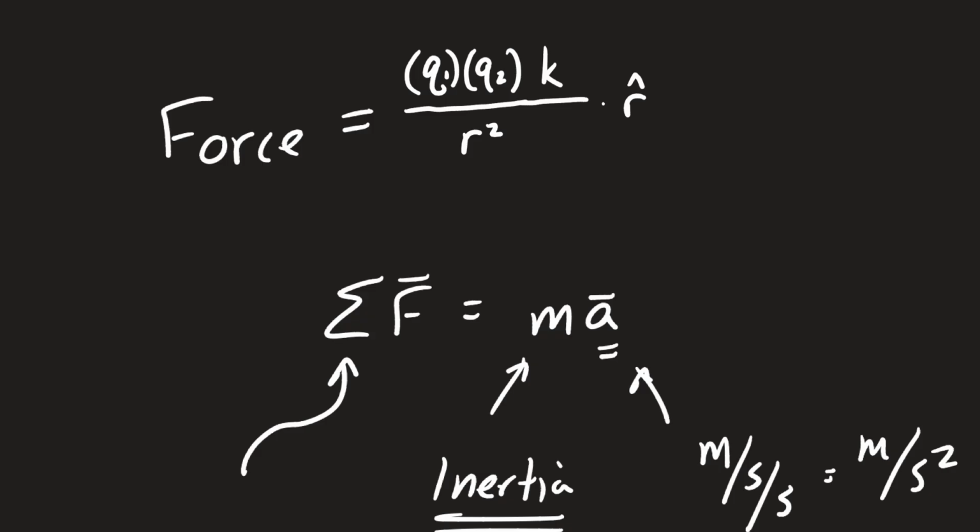That's what it's saying. Now, to put this into context, let's get a picture in front of us. Let's say that I have a point charge here and a point charge here, and they are both, for the time being, positively charged.